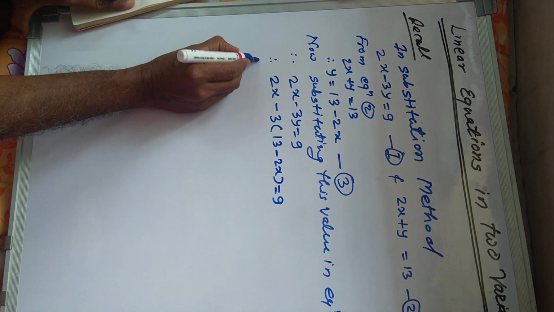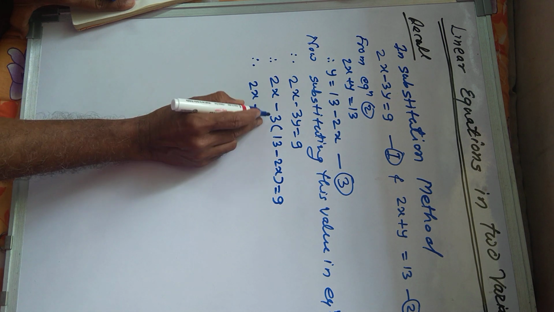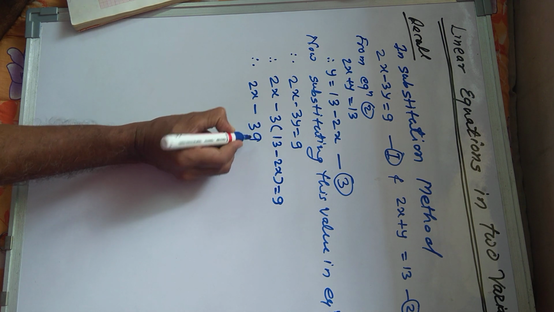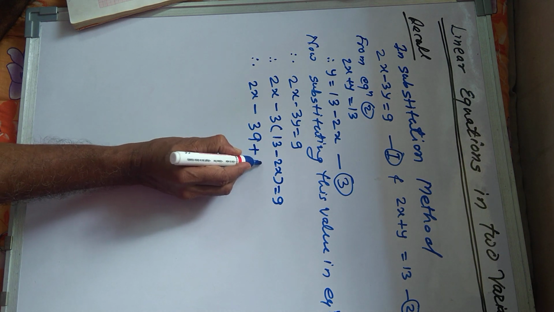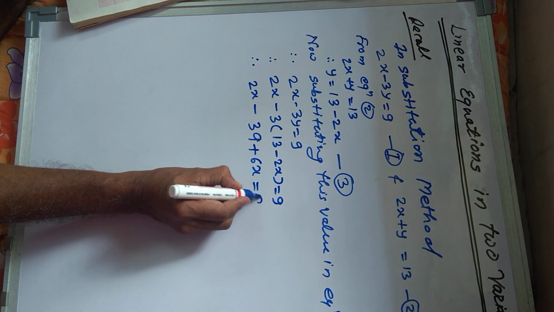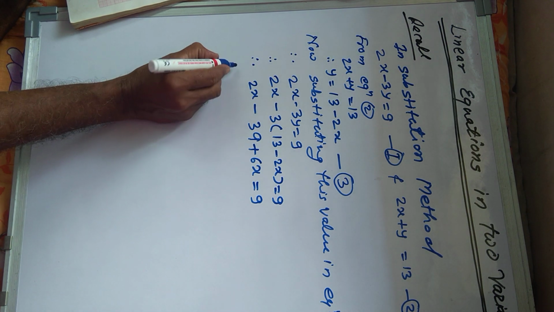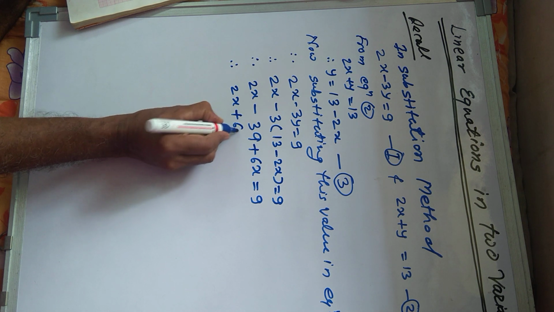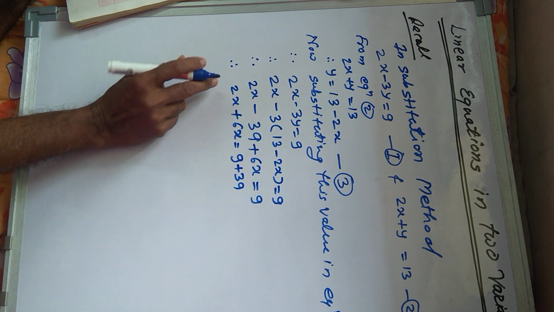Now solving this, we get 2x minus 3 into 13, which is 39, minus 3 into minus 2x, which gives plus 6x, is equal to 9. Taking minus 39 to the other side, we get 2x plus 6x is equal to 9 plus 39.